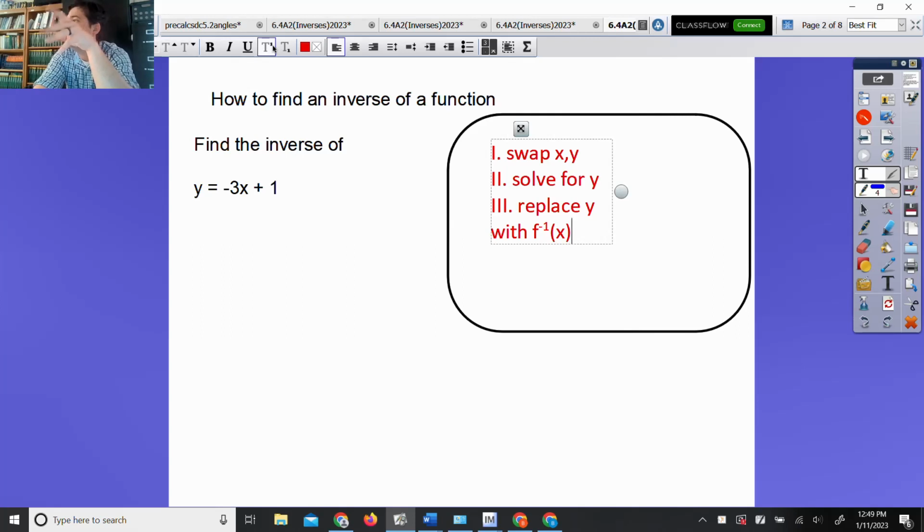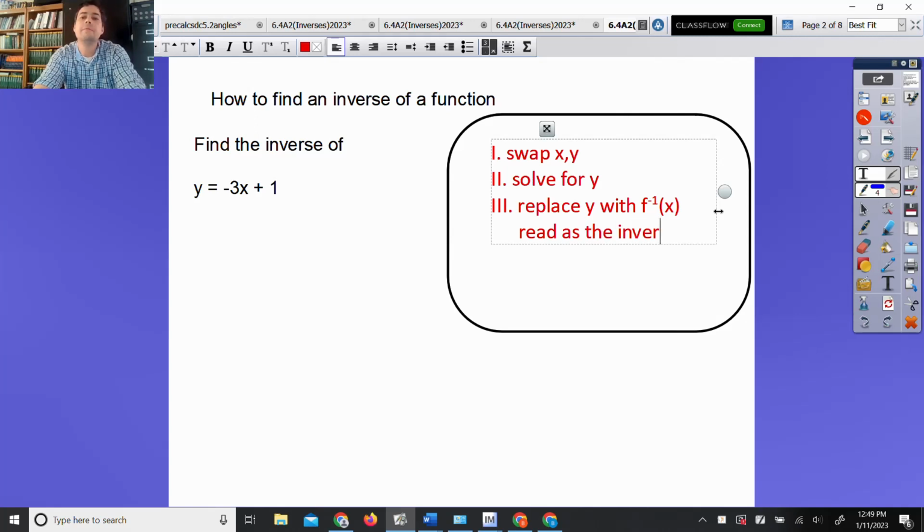If you understand that f of x and y are the same, just different notation, that makes some sense. And we read that, at least I read it, as the inverse of f of x. 3 steps, kids. It ain't hard.